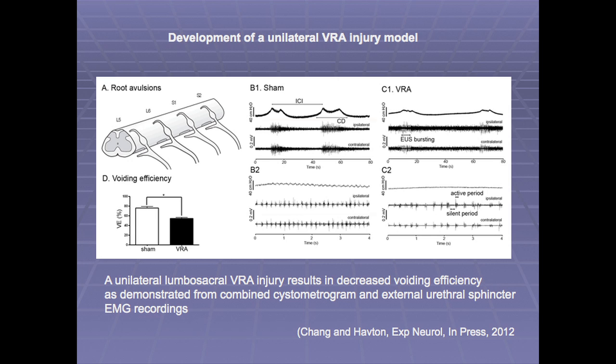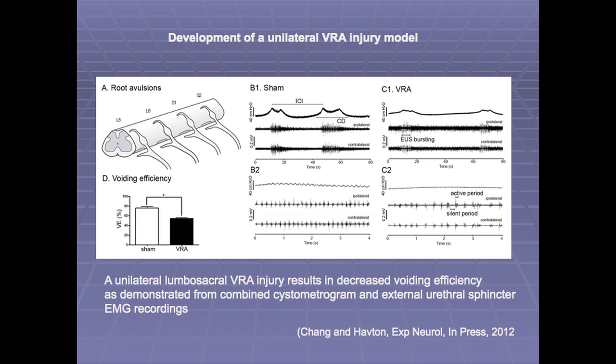Also in humans, if there are lesions only on one side of the spinal cord like this, to the roots, typically humans are also able to maintain good bladder function. But what we did here was, after that lesion, to do urodynamic recordings, and we found that even though the animals are doing well when they are awake as far as emptying, the reflexes are still not normal.